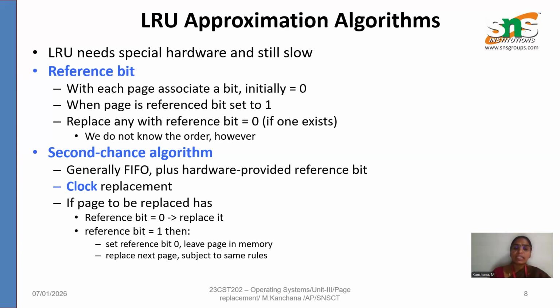But if its bit is 1, it gets a second chance. The operating system clears its bit back to 0, leaves it in memory, and moves the clock hand forward to the next page. So this is a brilliant way to approximate least recently used with almost 0 overhead.